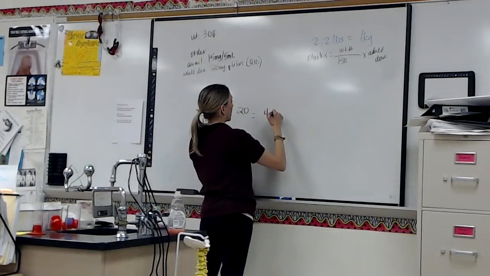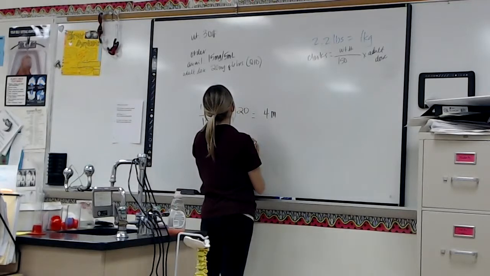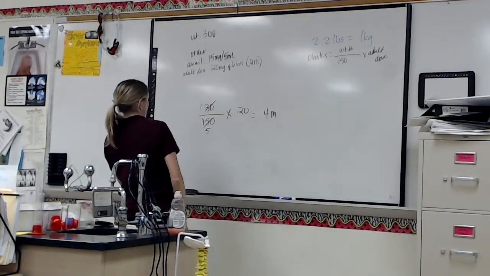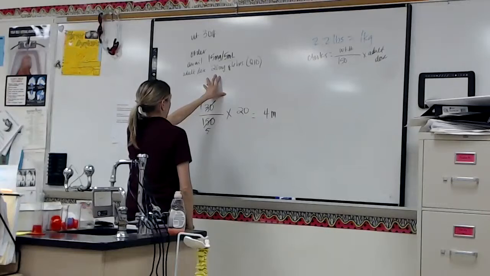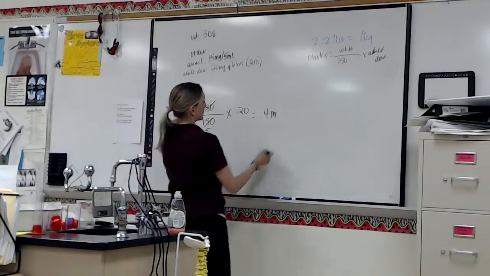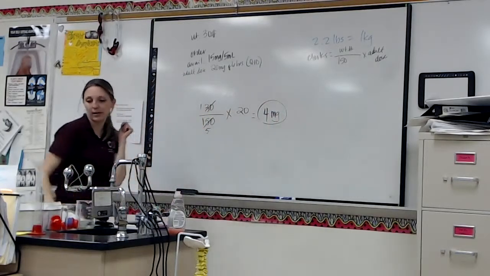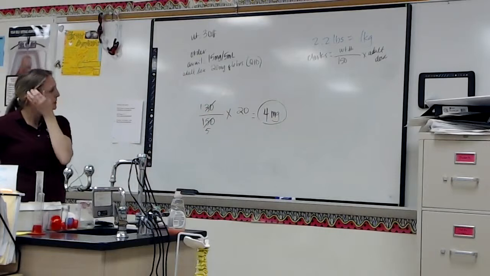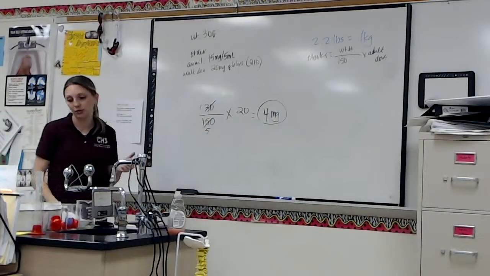This is going to be 4 milligrams. Sorry, I didn't do the math in my head again. Okay, so 4 milligrams is our dose strength. We know how much they need per dose.